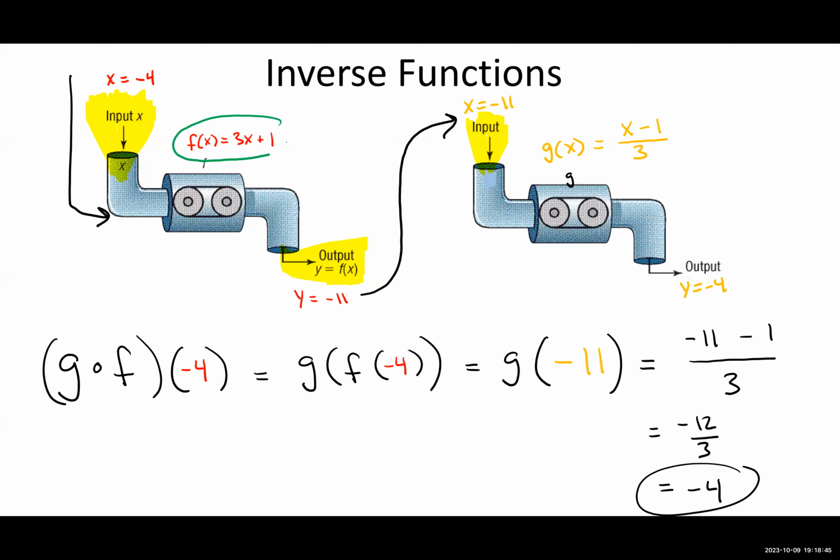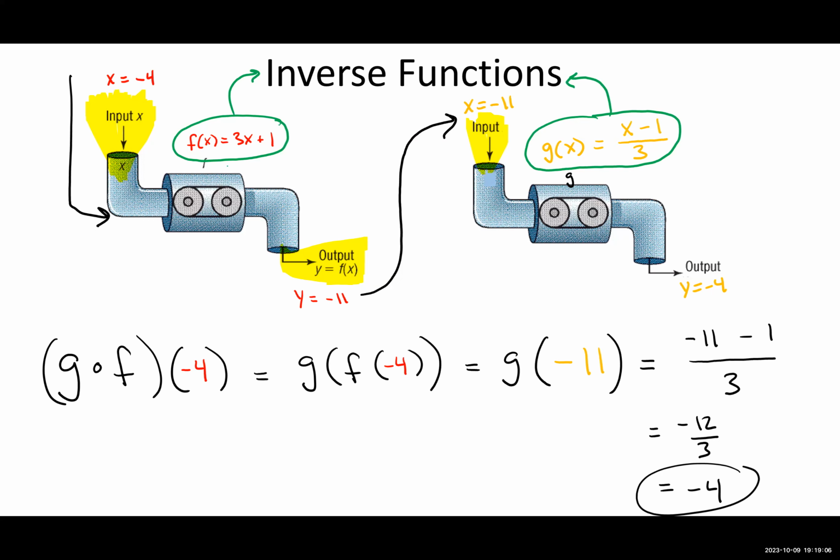So this f of x and this g of x are what are called inverse functions. When I say inverse functions, I mean inverses of each other. Whatever one does, the other one undoes.